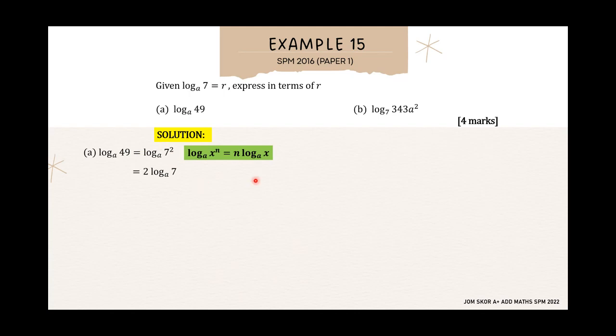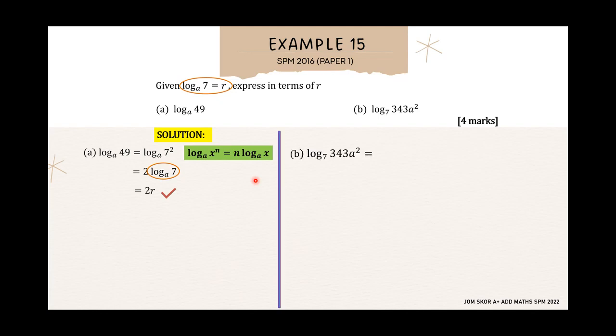So saya akan dapat 2 log 7 base A. Okay, now log 7 base A, pernah nampak tak kat mana-mana? You nampak di bahagian atas soalan. Okay, so kita boleh gantikan log 7 base A dengan nilai R. 2 log 7 base A bersamaan dengan 2R. Okay, satu markah sahaja. Okay, next, kita nak pergi kepada B.